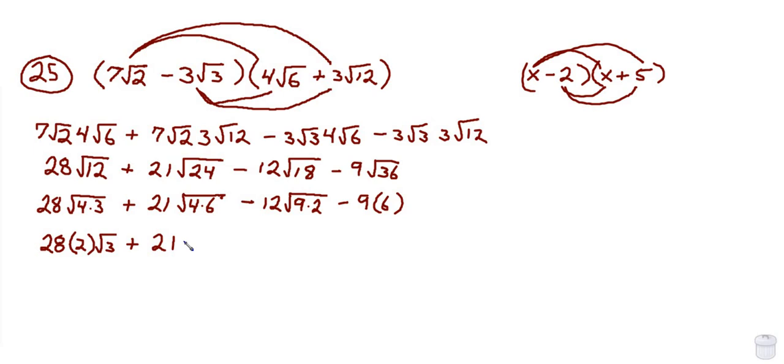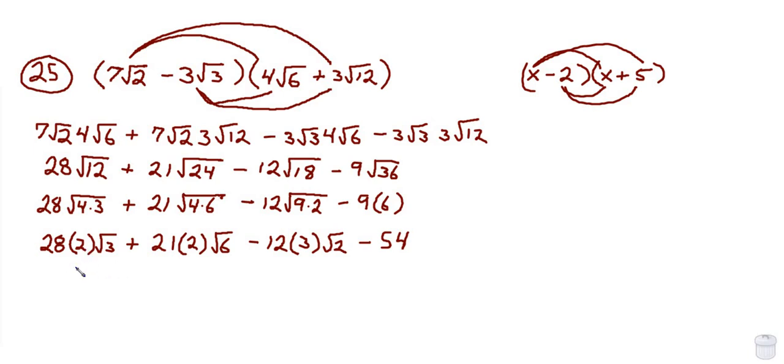Square root of 4 is 2, and I can't do anything with that square root of 6. That stays underneath the radical. Minus 12 times square root of 9 times 2. Square root of 9 is 3, and I can't do anything with that square root of 2. And then 9 times 6, that's 54. No square root there anymore.